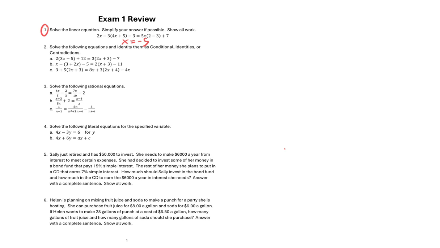Okay, so this next one is asking us to solve these equations and identify them as conditional, identity, or contradictions. So this first one is going to be, we have 2 times (3x minus 5) plus 12 is equal to 3 times (2x plus 3) minus 7. If we simplify this down, we're going to distribute this 2.